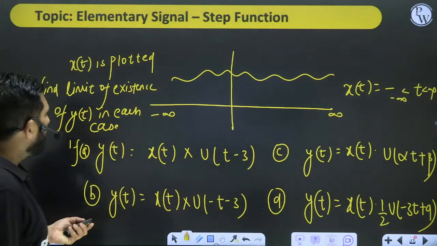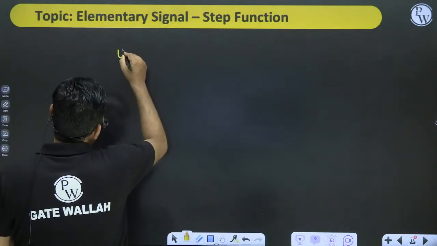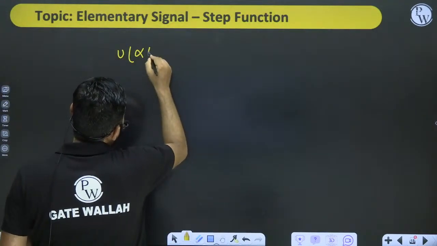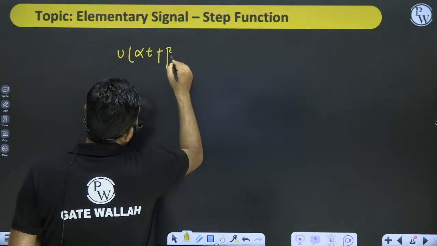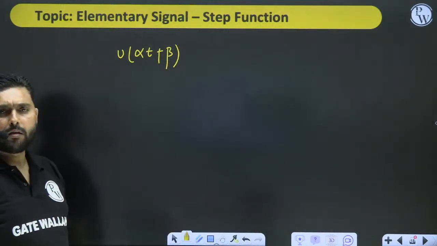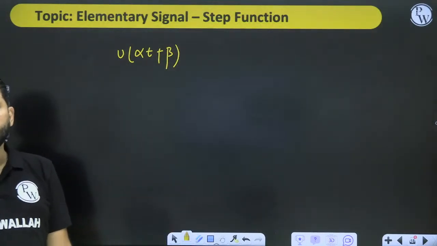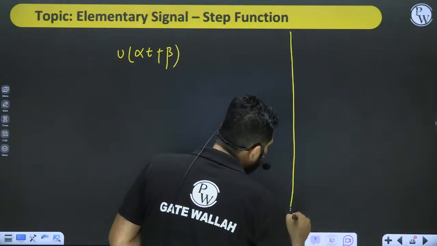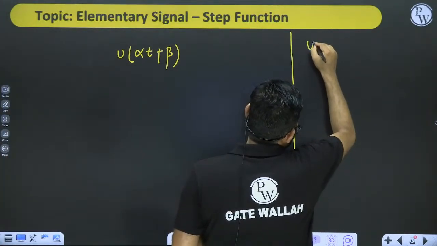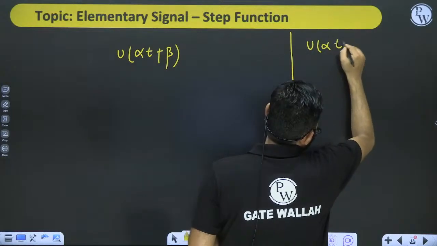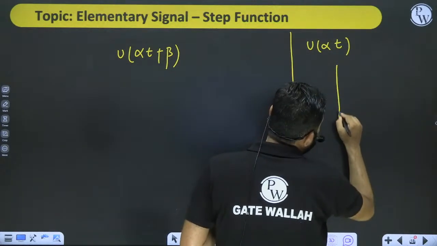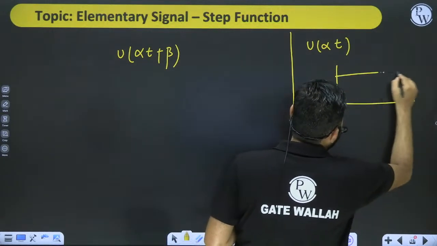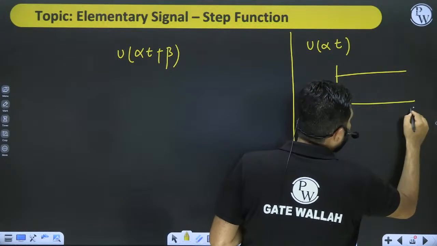See here, what is u(alpha t plus beta)? But before that, let us first take u(alpha t). What is u(alpha t)? Now you know that u(t) is this one, from 0 to infinity.